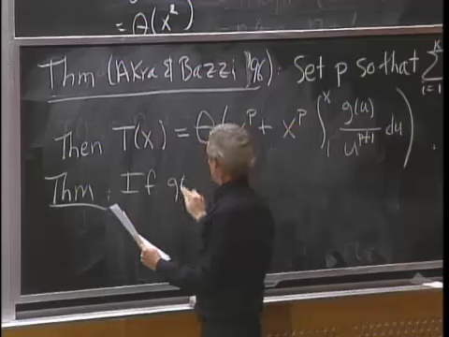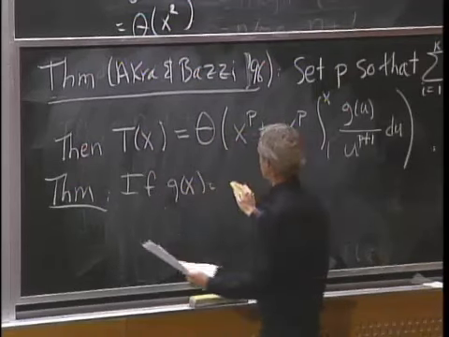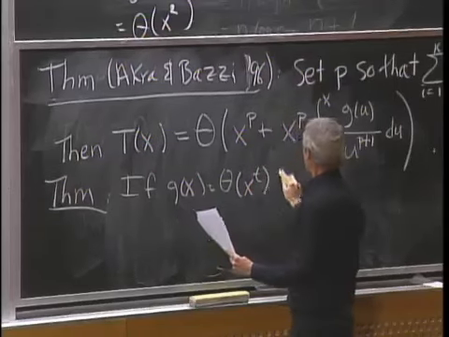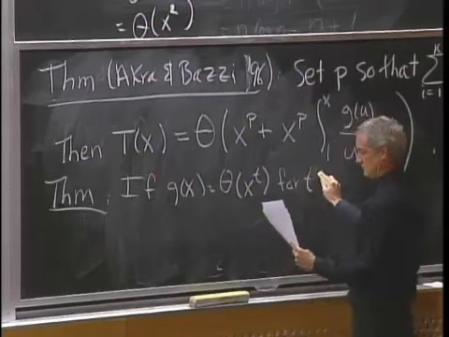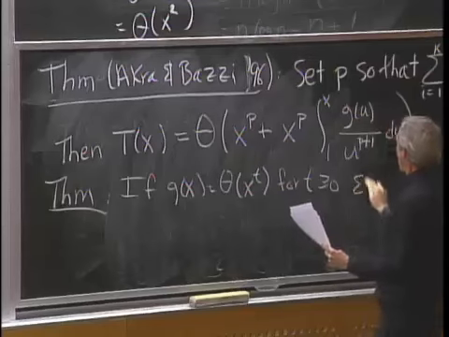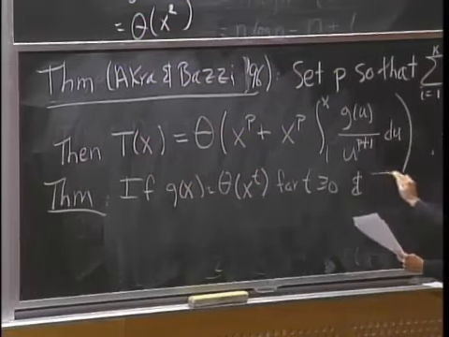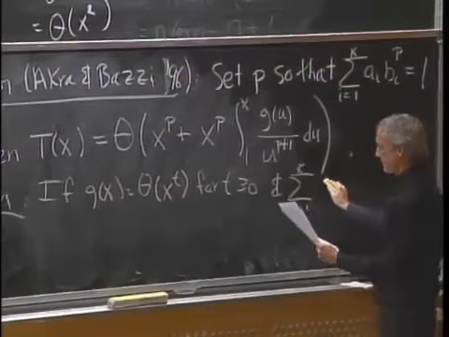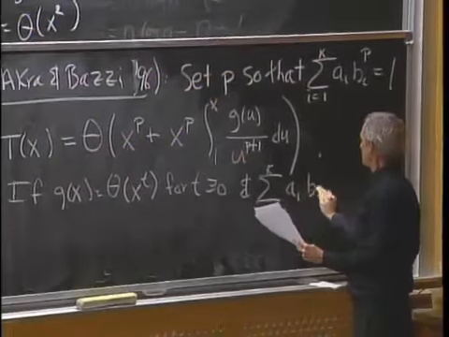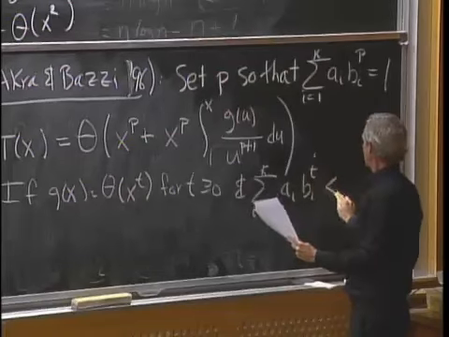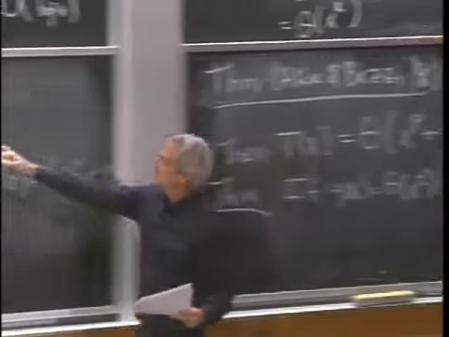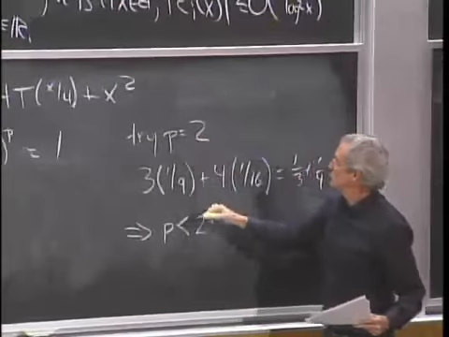If g of x equals theta x to the t, for some t bigger than or equal to 0, and when you plug that value in and take your sum, trying to compute the p-value, so I take a_i times b_i to the t, and that comes out to be less than 1, like it did here when I plugged in p equals 2.